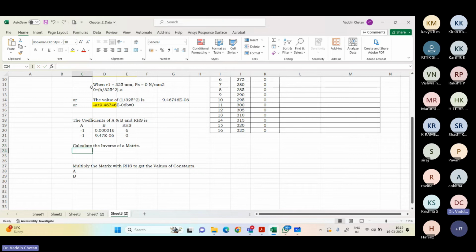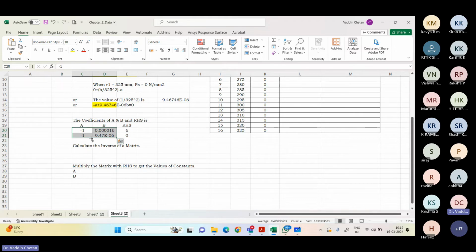In order to calculate the inverse of a matrix in Excel, we have one function called MINVERSE. If it is a 2 by 2 matrix, the resultant inverted matrix will also be a 2 by 2 matrix.